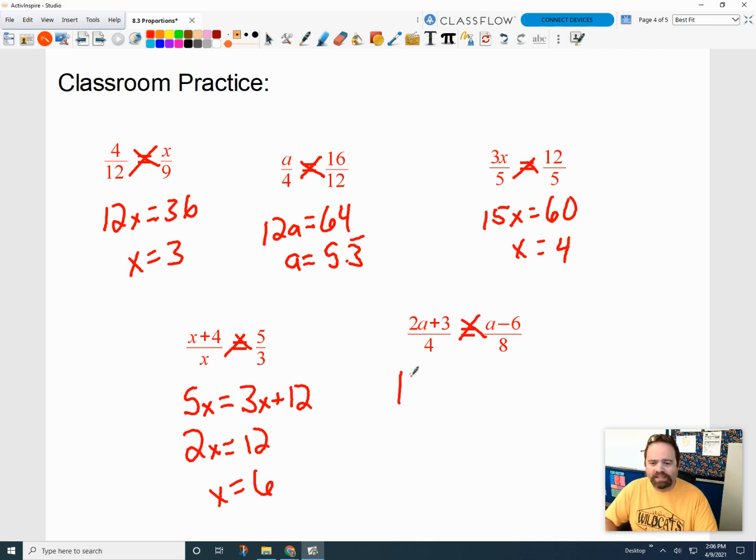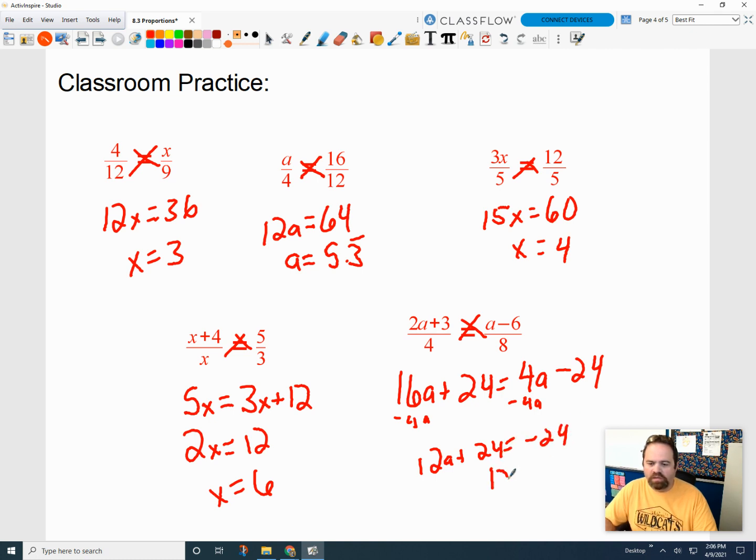Cross multiply: 16a plus 24 equals 4a minus 24. Subtract 4a. 12a plus 24 equals negative 24. So 12a is negative 48. A is negative 4.